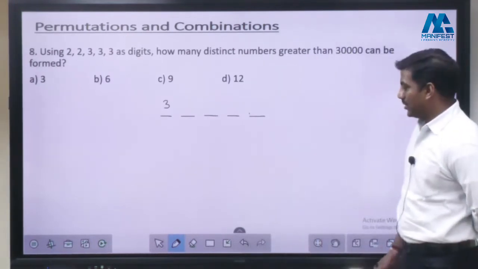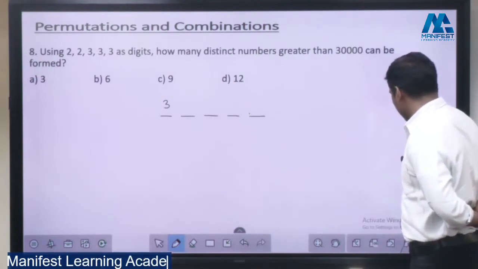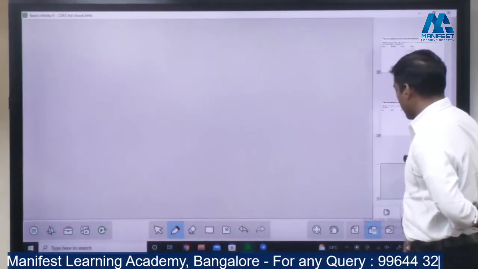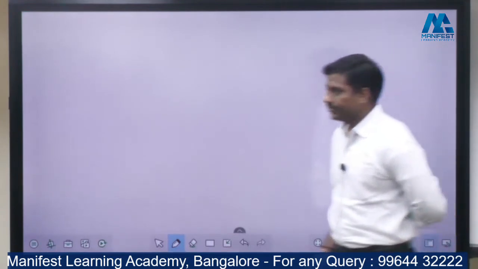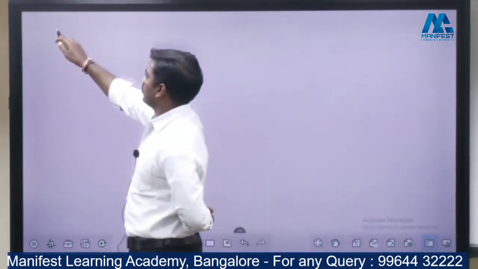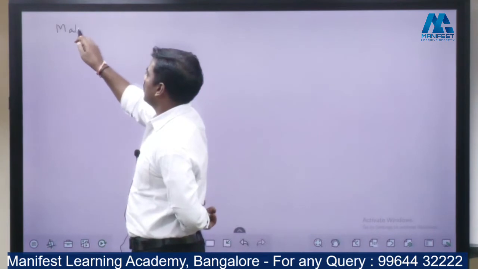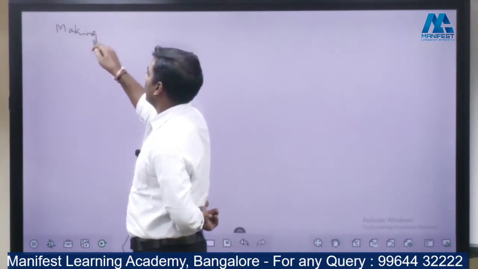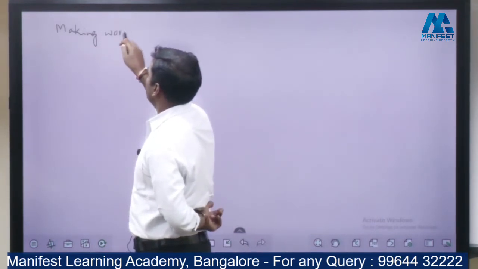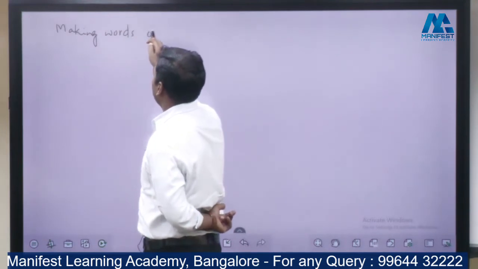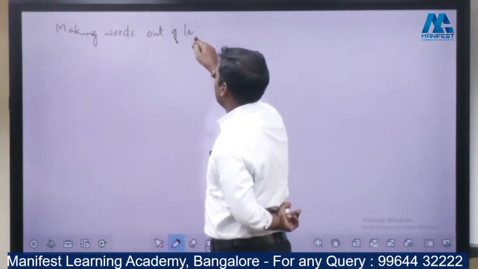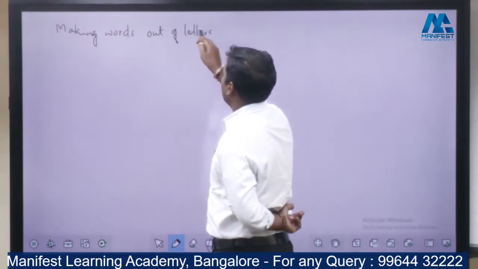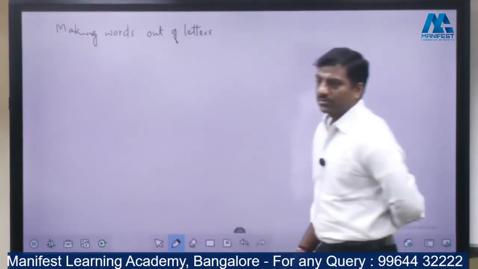So that new concept is making words out of letters.